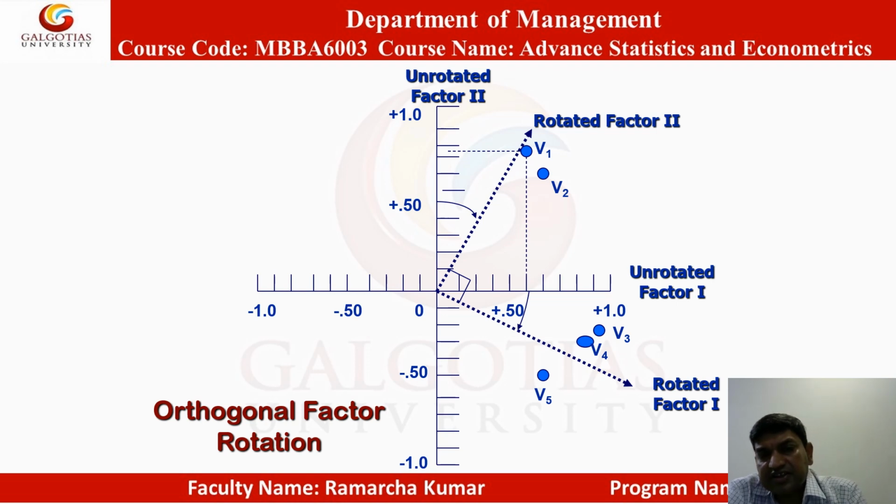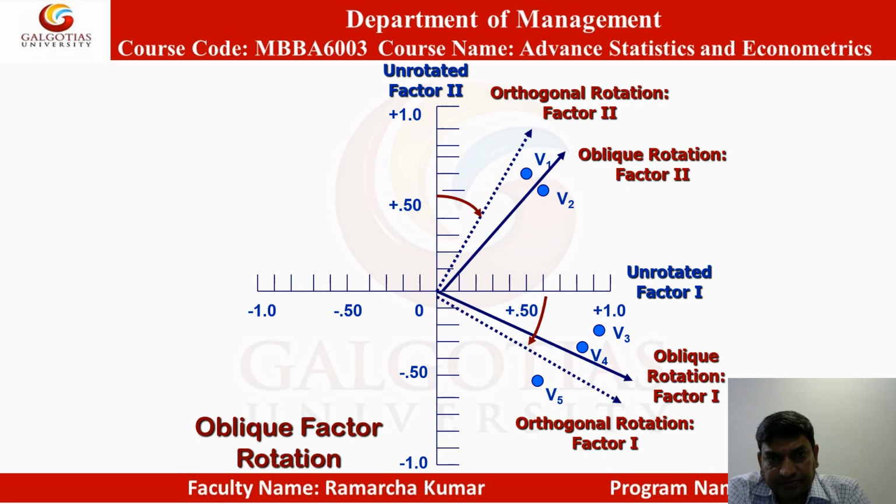And in this, you can see that after rotation, variables 1 and 2 are captured through factor 2, and variables 3, 4, 5 are mainly captured through factor 1. In the case of oblique rotation, we don't need to maintain the 90 degrees, so the angle of rotation can be different for the x and y axis.